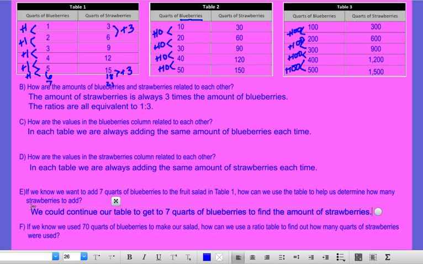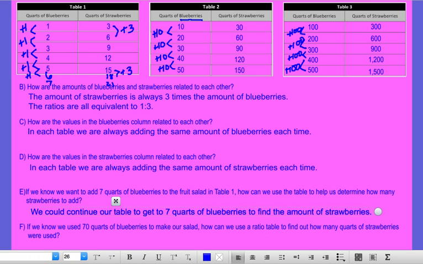For F, if we know we use 70 quarts of blueberries to make our salad, how can we use the ratio table to find out how many quarts of strawberries were used? Okay, so again, we can continue this table up here, and we know that we can add 10 and then add 30 over here and add another 10 and add another 30.